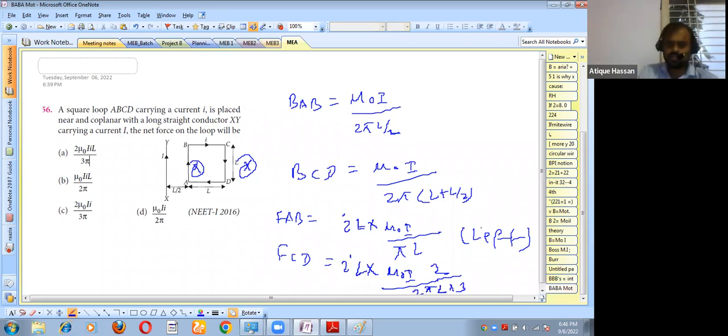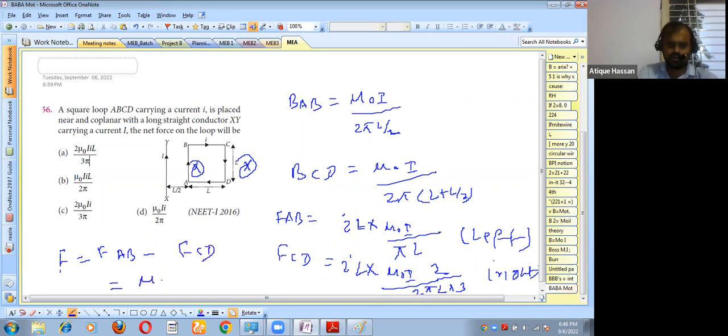It will be towards right, right? So net force we have to subtract. Net force will be equal to FAB minus FCD.